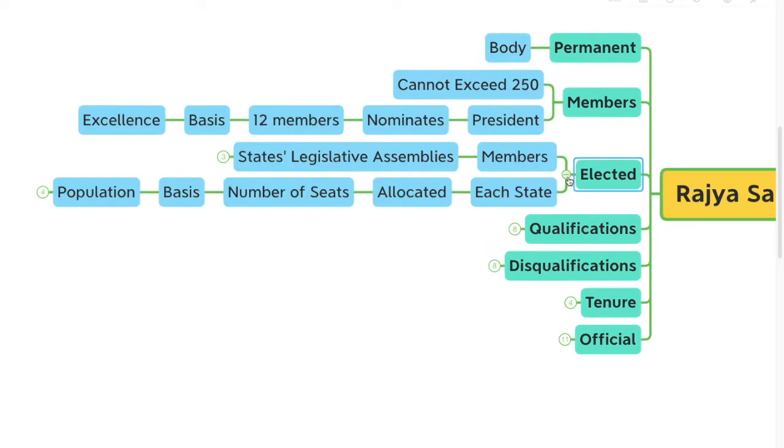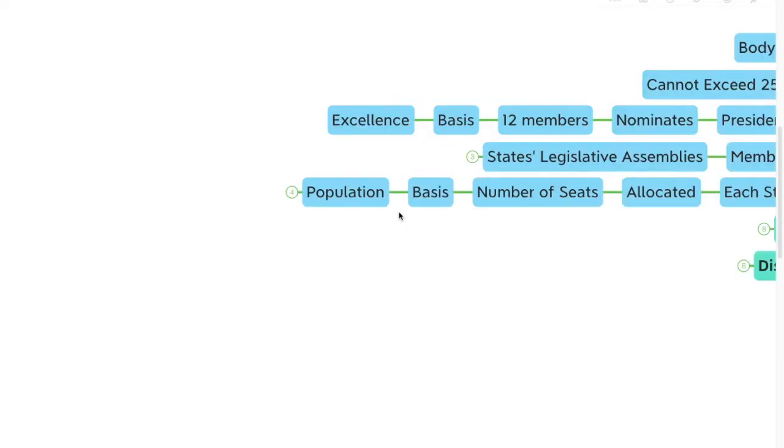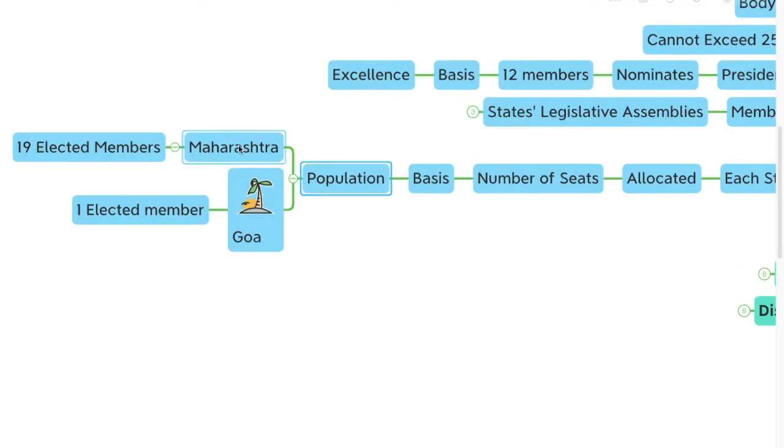The elected members of the states' legislative assemblies elect the members of the Rajya Sabha. Each state is allocated a number of seats on the basis of its population. For example, Maharashtra sends 19 elected members to the Rajya Sabha, whereas Goa sends 1 elected member to the Rajya Sabha.